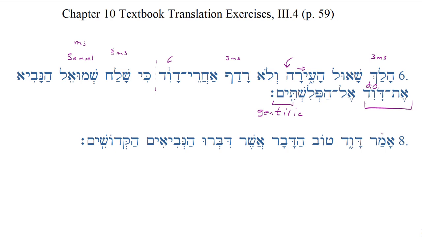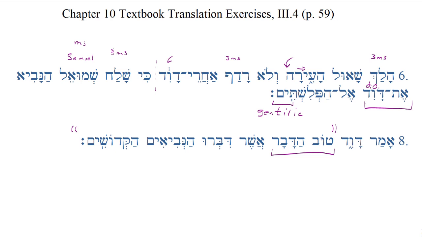Let's look at number 8. Amar David tov hadavar asher diberu haniviim hakadoshim. So amar David, David said, and then we'll put our quotation marks here. This is what he said. Tov hadavar asher, etc. Let's take a look at this pair first.